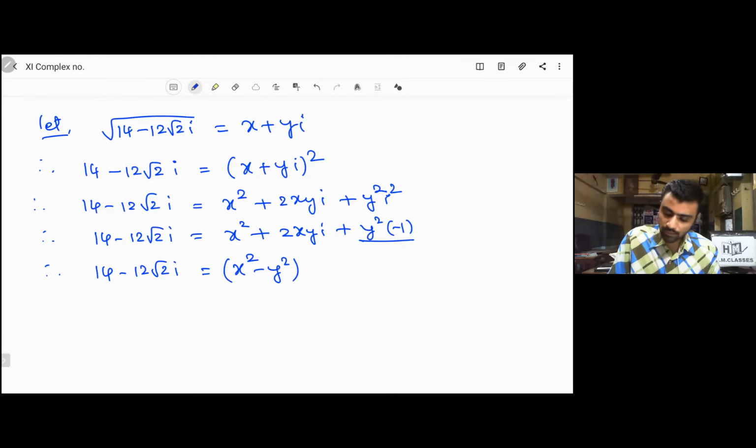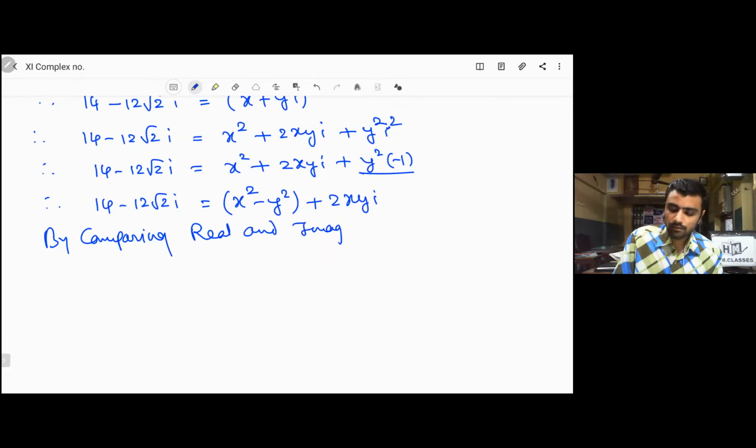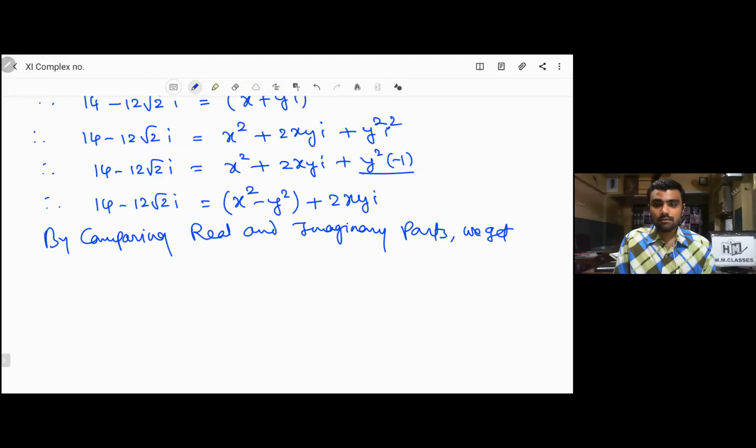In the real part I am writing together with x square, plus 2xyi, that is imaginary part. Now by comparing real and imaginary parts, we get, that is x square minus y square is equals to 14. This is your statement number 2.